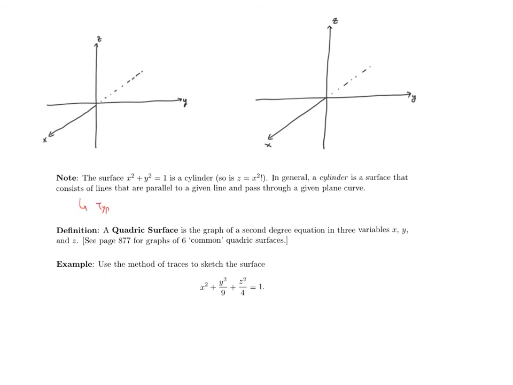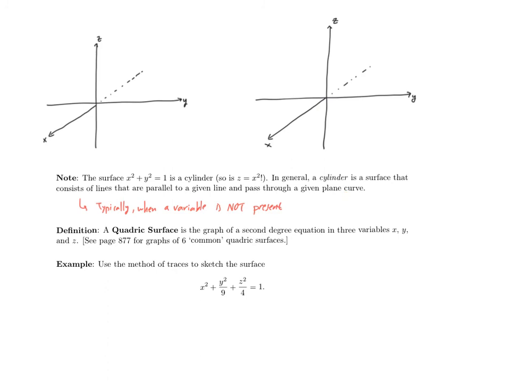Where with the cylinder from the previous example, it's the z that's not present, but with z equals x squared, it's the y that is not present. And just to make sure this definition makes sense, it's a bunch of parallel lines that pass through a given plane curve.